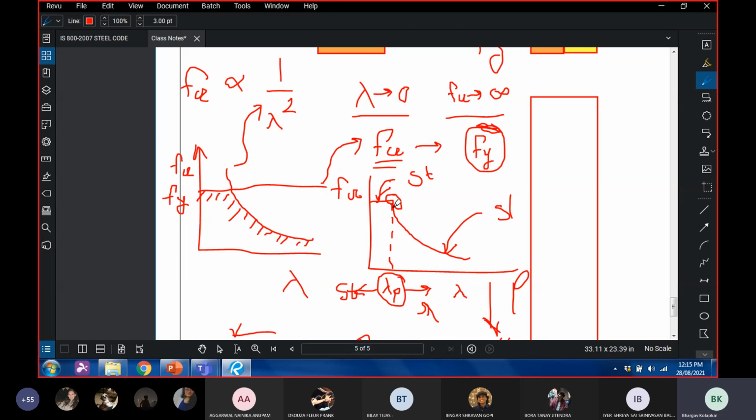So now we can put a number on the slenderness ratio and compare our slenderness ratio with that number. If our slenderness ratio is less than lambda p, we say it's a short column. If our lambda is greater than lambda p, then it is a long, slender column.